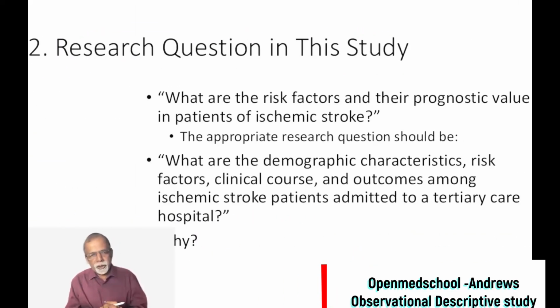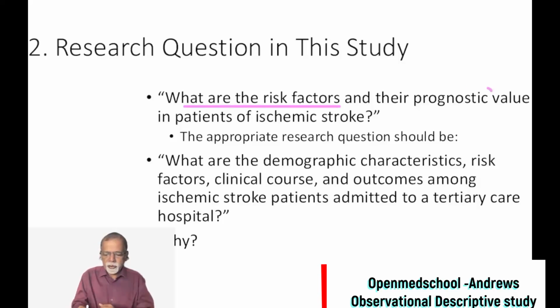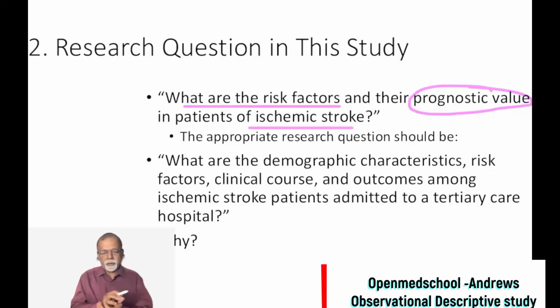So let us look into what a research question is, because the designs are based on the research question. The author describes the research question as what are the risk factors and their prognostic value in patients with ischemic stroke. Being a descriptive study, you cannot infer the prognostic value.